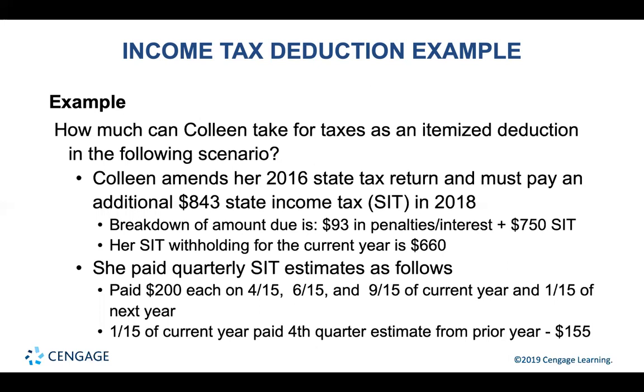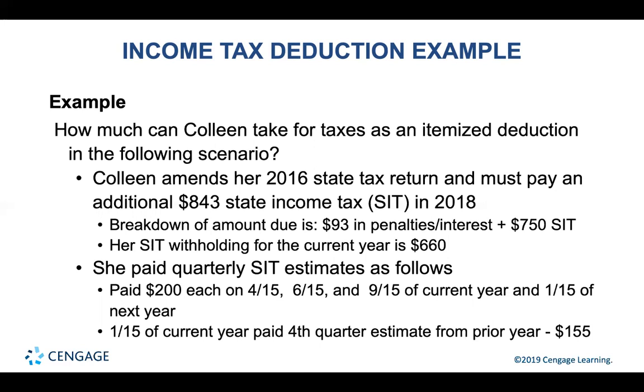She also paid in quarterly estimates for her state taxes. She paid $200 on April 15th, June 15th, and September 15th of the current year, and $200 on January 15th of the next year, 2019. Also, on January 15th of 2018, she paid fourth quarter estimates for her prior year of $155.